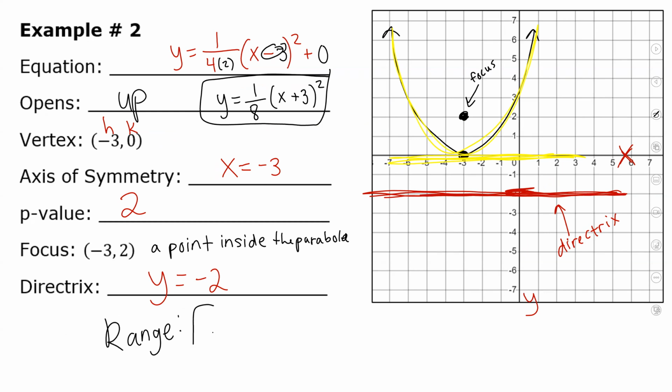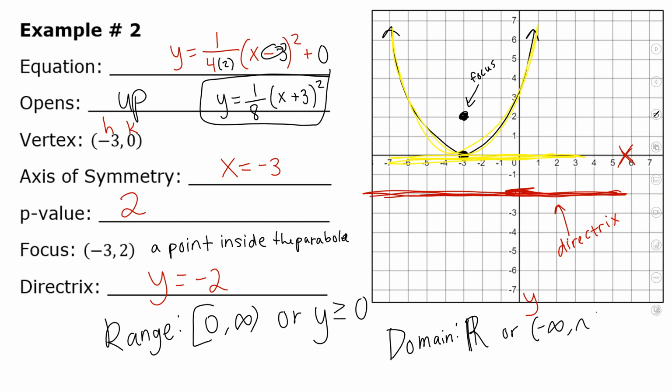The bottom is at 0 and it goes up. You can also write it as everything is greater than or equal to 0. Those are the two ways you can write the range. And of course, the domain is just all real numbers. You can write it like this, or you can put negative infinity to infinity. Okay, so those are some examples on how to do the domain and the range.